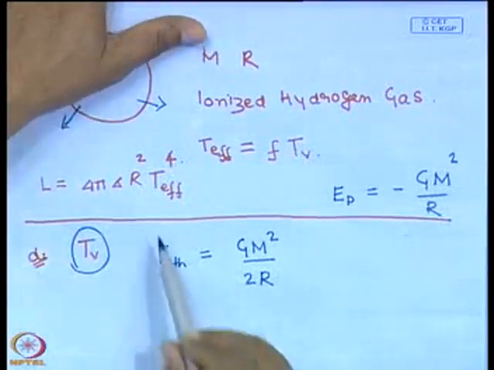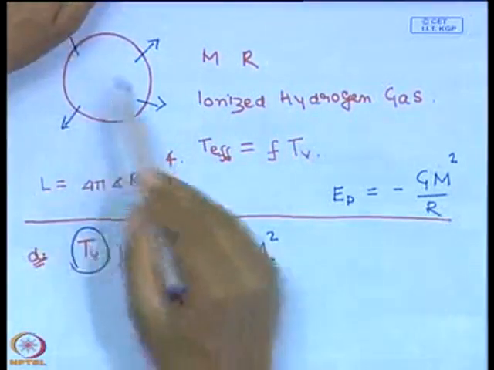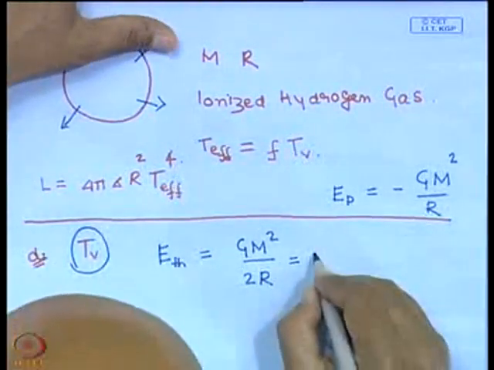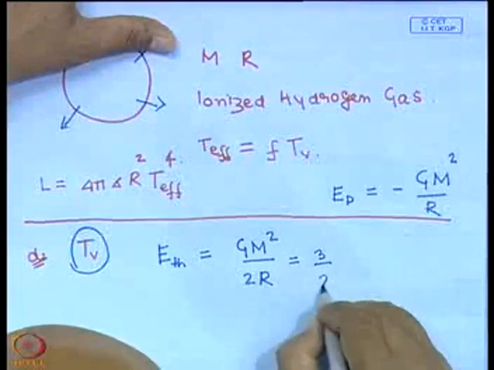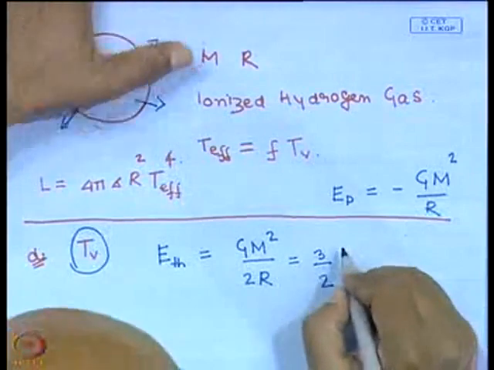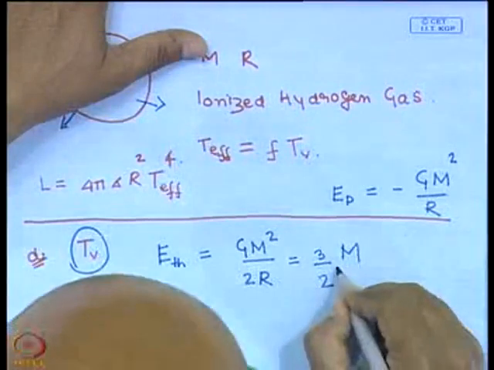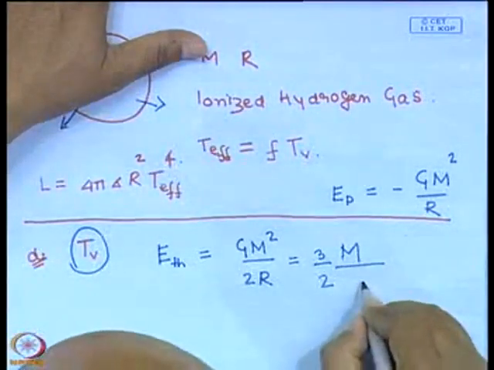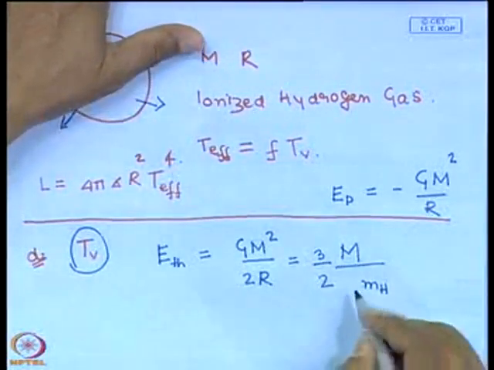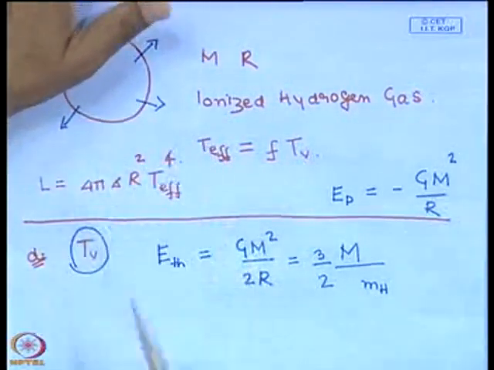And this is an ideal gas, ionized hydrogen. So, we know for an ideal gas the thermal energy is 3 by 2 into the number of particles. The number of particles is going to be the total mass of the object m divided by the mass of the hydrogen atom mH, and there is also the mean atomic mass that you have to take into account.